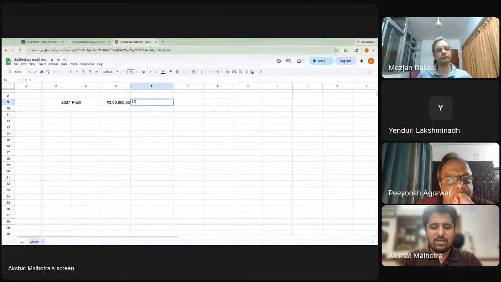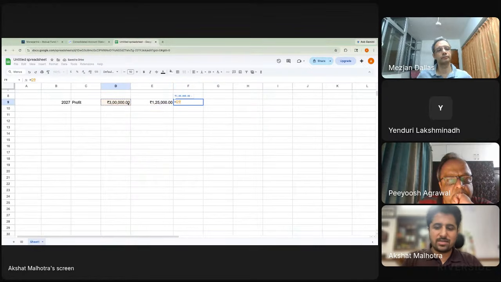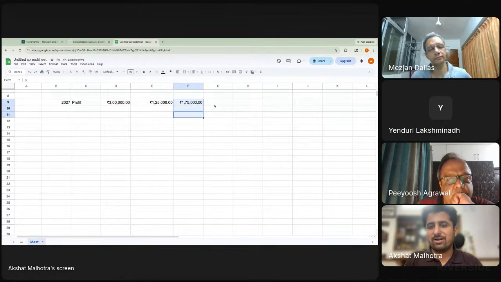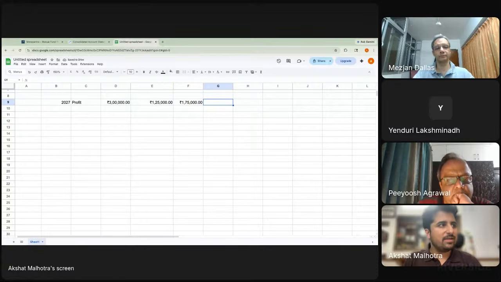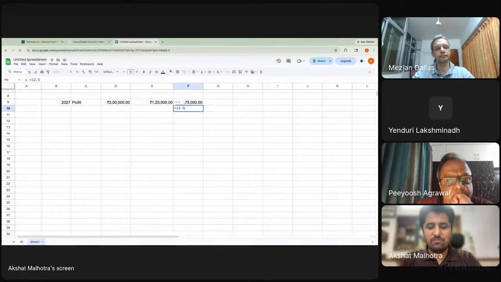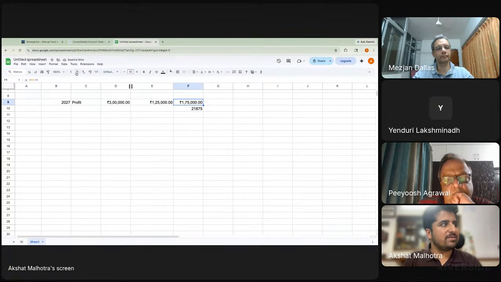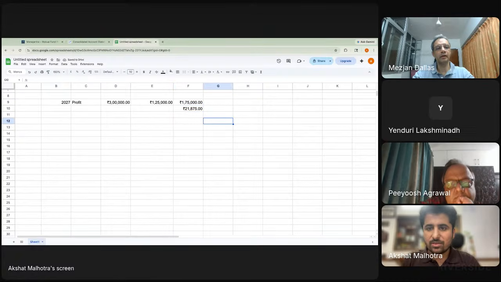Up to 1,25,000 rupees is tax free for me, and so I will have to pay capital gain tax on the remaining 1,75,000 rupees. That would be 12.5% of this amount, which is 21,875 rupees. That becomes my total tax liability.